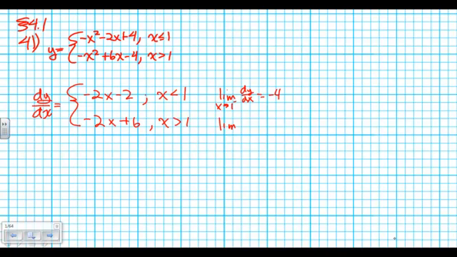What about the limit as x approaches 1 from the positive side of our derivative? Looks like it's +4. So my conclusion is that the derivative at 1 doesn't exist. The two sides don't agree. The derivative at 1 doesn't exist.